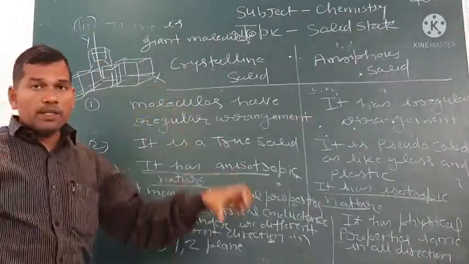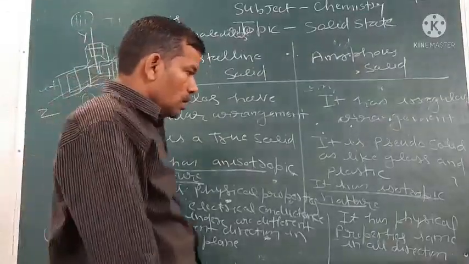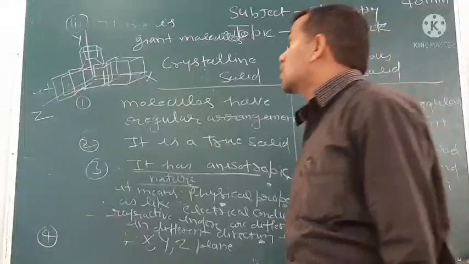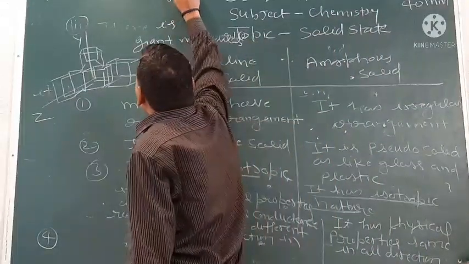The smallest part of any crystalline solid is called a unit cell.